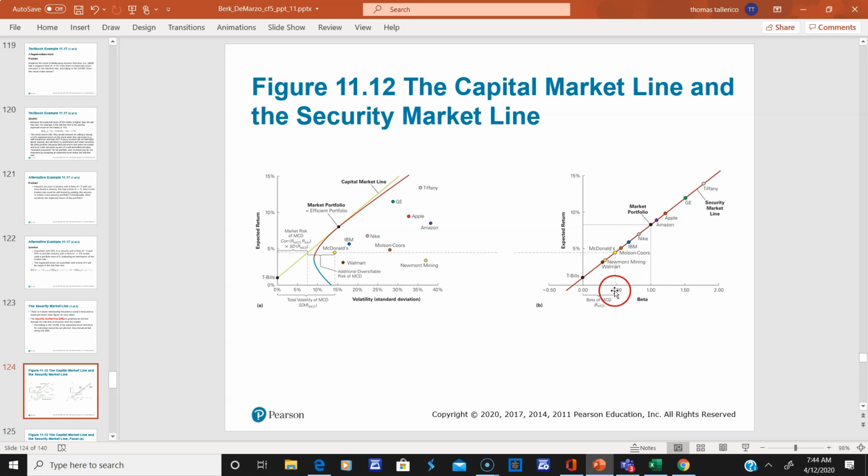Notice the security market line is beta versus expected return, and the capital market line is volatility versus expected return. So one plots volatility versus expected return for the capital market line, and the security market line plots beta versus expected return.